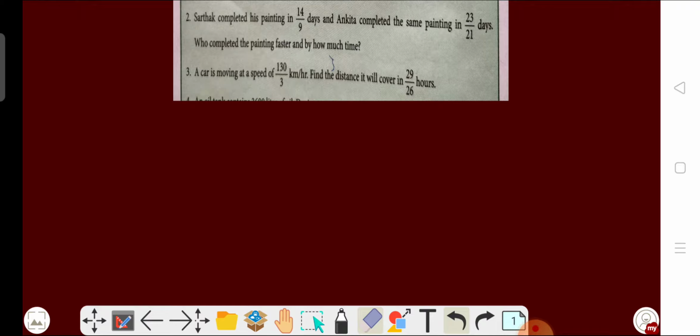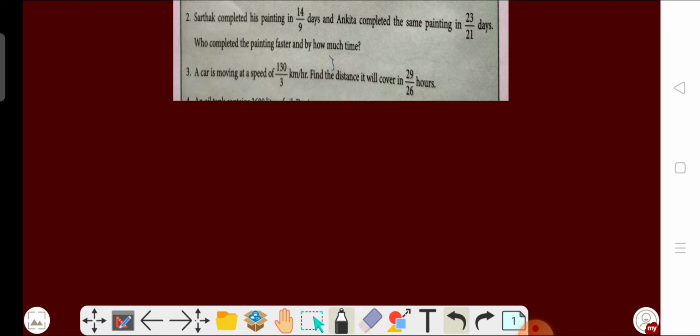Firstly, we have to find out which rational number is greater between 14/9 and 23/21. Then we can say which one of Sarthak and Ankita completed the painting faster. Then we find the required time by subtracting the smaller number from the greater.